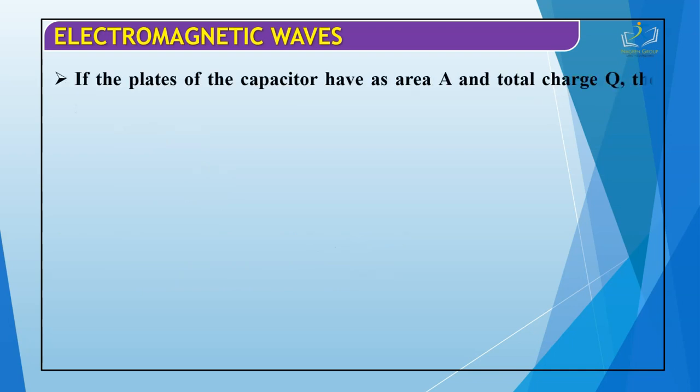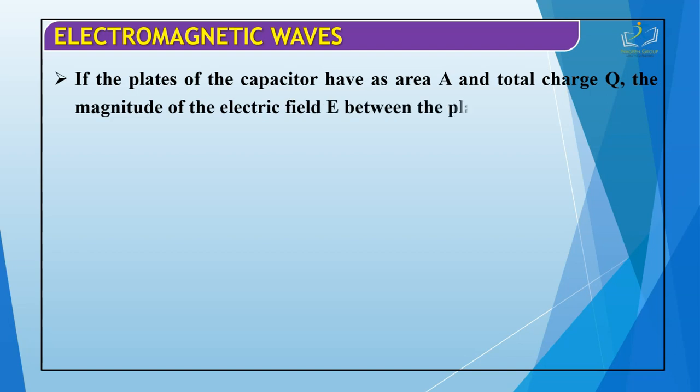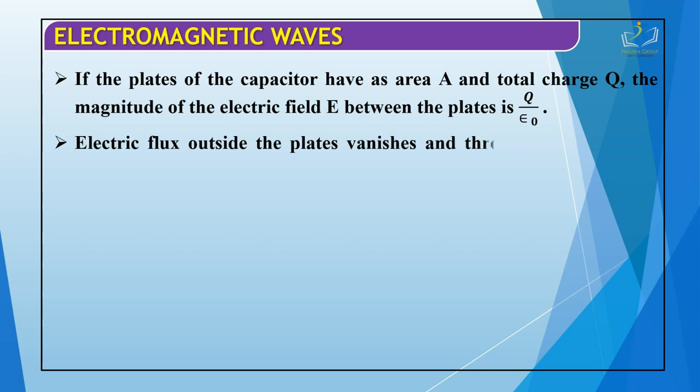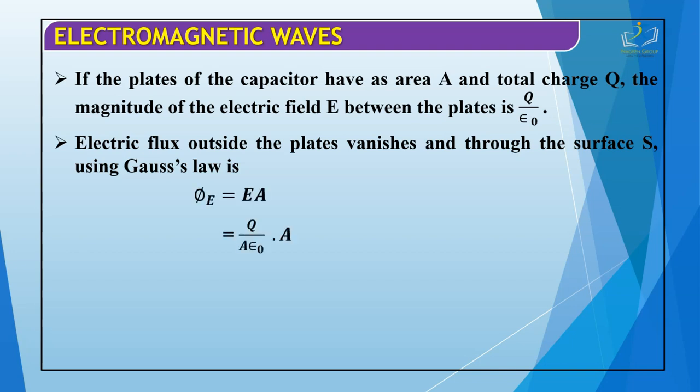If the plates of a capacitor have area A and total charge Q, the magnitude of the electric field E between the plates is Q by epsilon naught A. Electric flux outside the plates vanishes, and through the surface S, using Gauss's law, phi_E is equal to EA, so Q by A epsilon naught times A, which gives Q by epsilon naught.